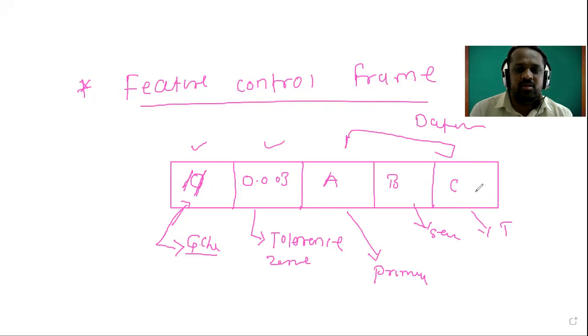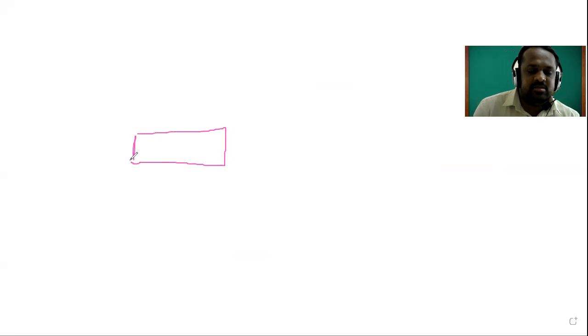Yes or no? Yes, sir. Okay, example. For example, suppose they have given like this. Then tell me, what is the meaning of this? It is called the control frame.